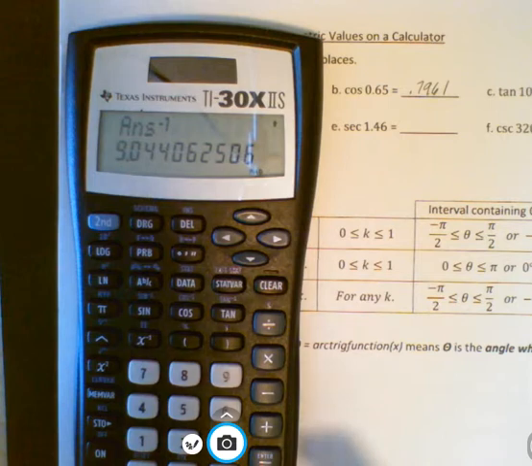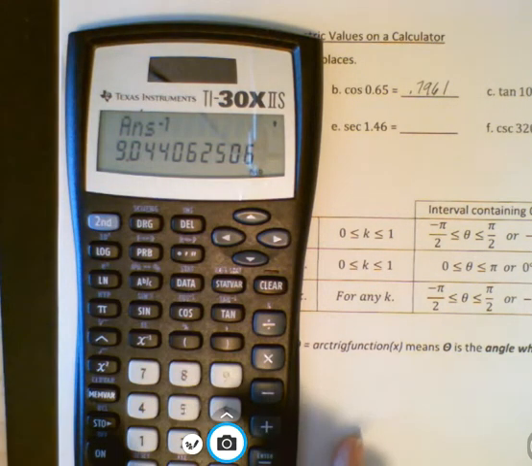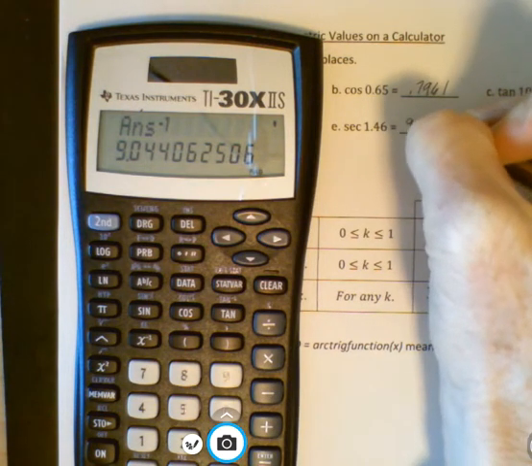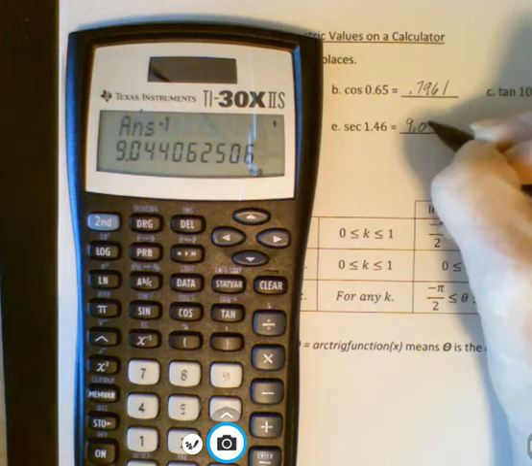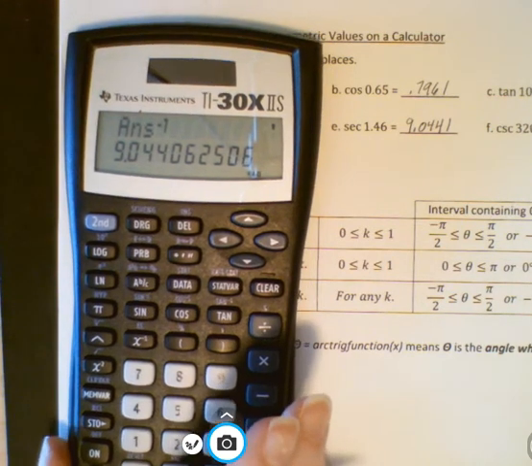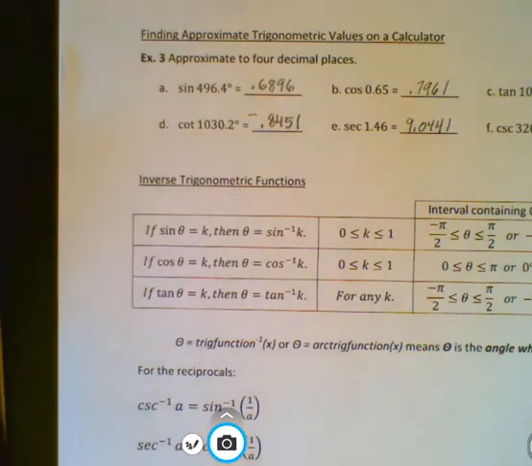Inverse, enter, and we get 9.0441. Okay, that's the end of part 3.